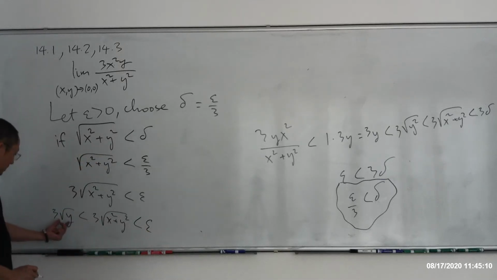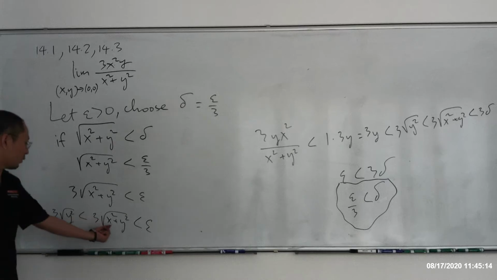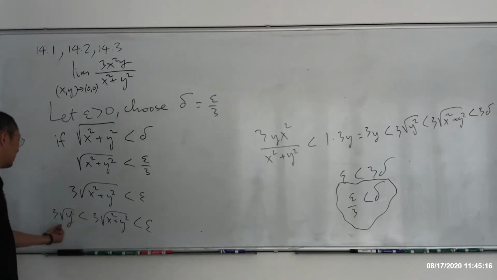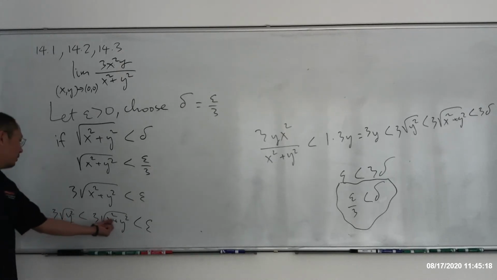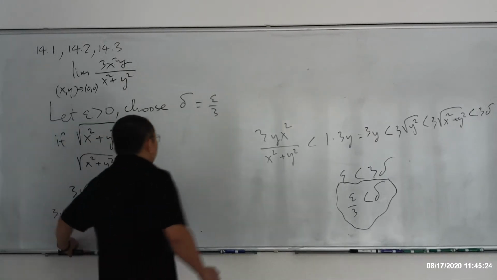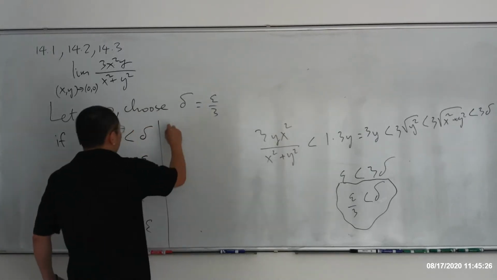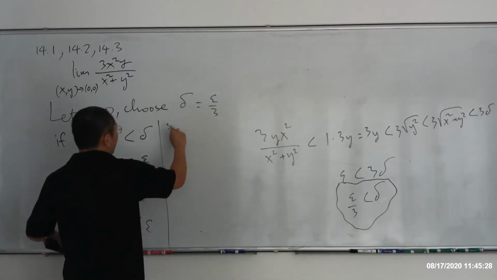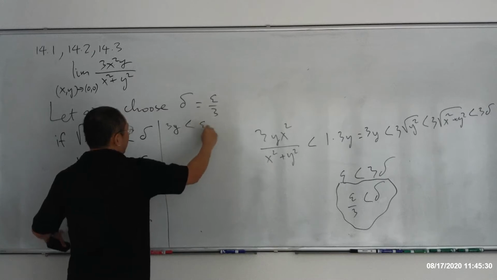Because x squared is positive, x squared plus y squared is going to be bigger than y squared, or equal if x equals 0. So what we have right here is 3 square root of y squared, which is 3 absolute y, less than epsilon.